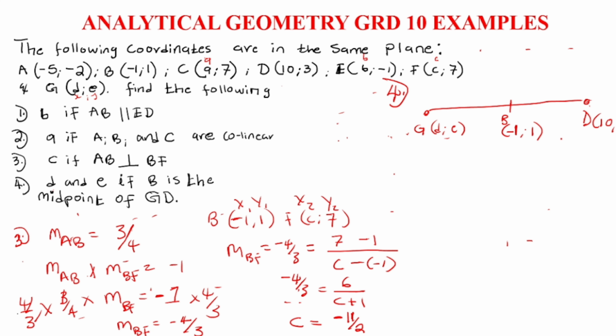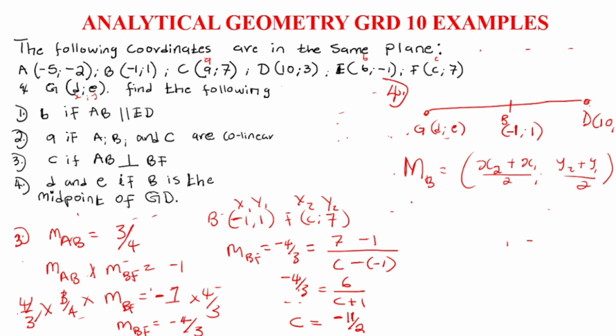Basically, what they're asking us is to apply the midpoint in reverse. The midpoint at B should be (x2 plus x1) over 2, (y2 plus y1) over 2. This should give you the coordinates of B. So we're going to apply this formula, which is the midpoint in reverse.